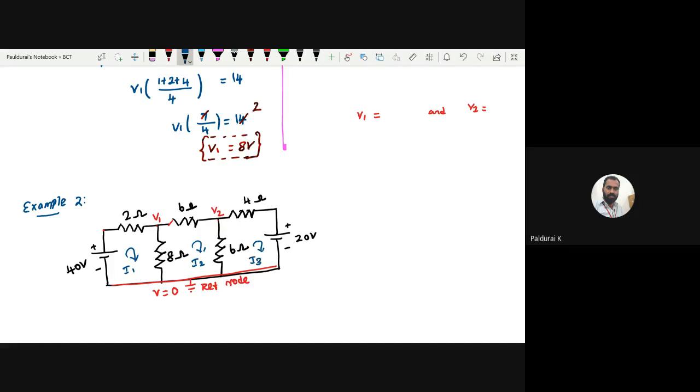So what is V1? V1 equals 8 times (I1 minus I2), and V2 equals 6 times (I2 minus I3). So find I1, I2, and I3. You can refer to my previous class notes. Let me know what is I1, I2, I3.